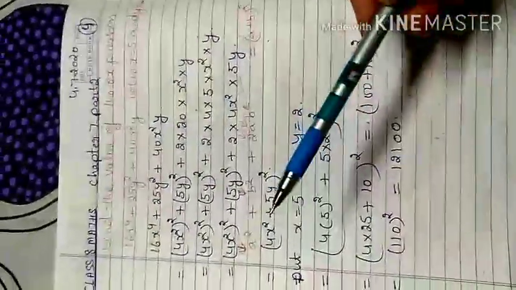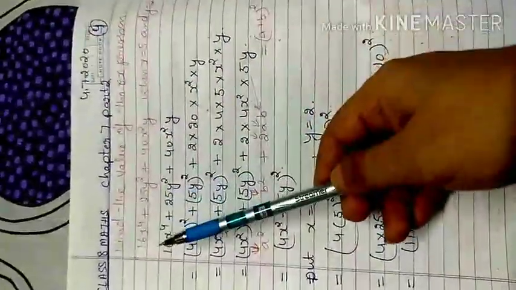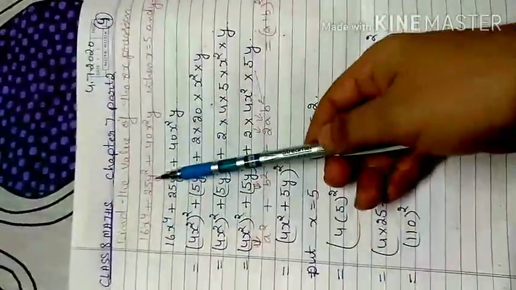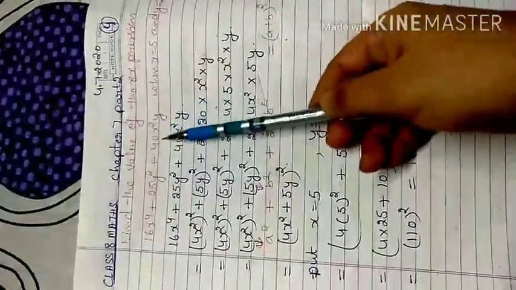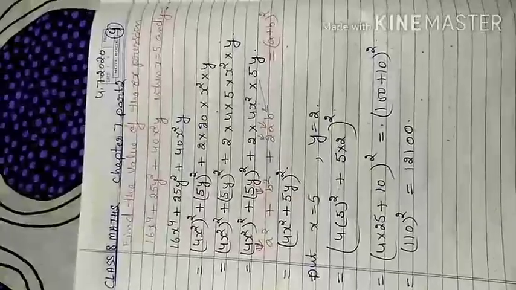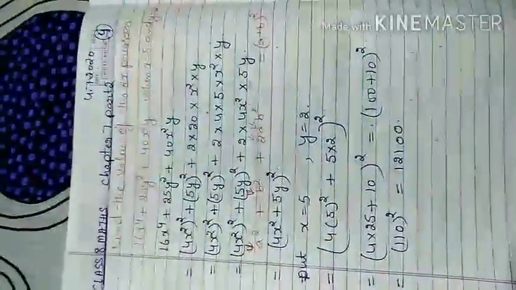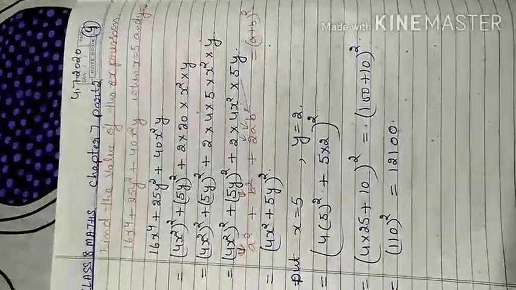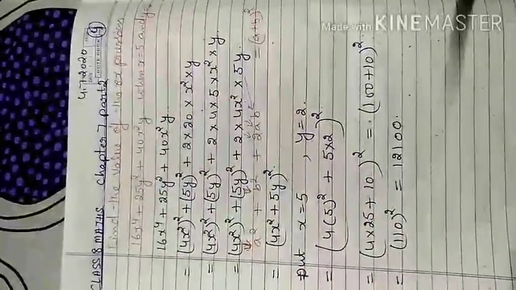So to make our calculation easier, we have identities. Here, if I check, this is a perfect square, this is a perfect square. So the first two terms are perfect squares and this is a non-perfect square. First I will try: can I change it into a particular identity? If this is a positive sign, can I make it the form of a plus b whole square? If it is formed, it will be easier for me to calculate.